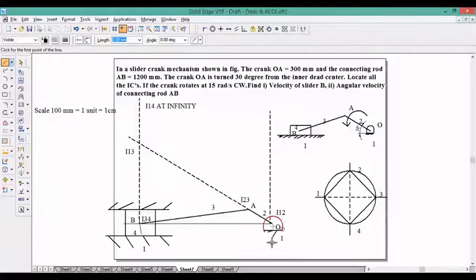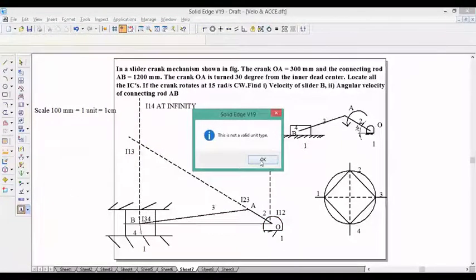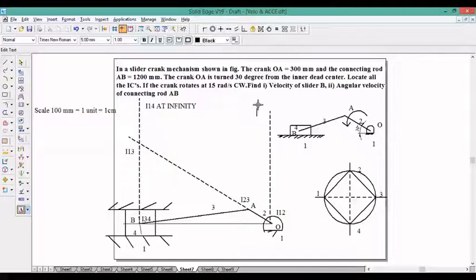I14 will run on this vertical line; I14 is at infinity. Then I23 and I34 will come on this line.